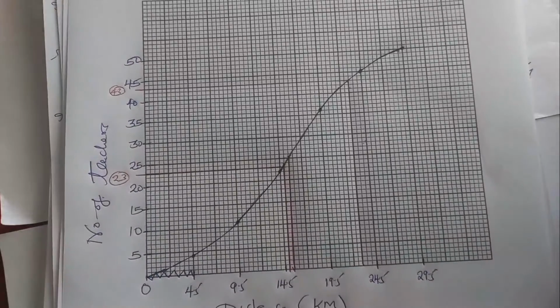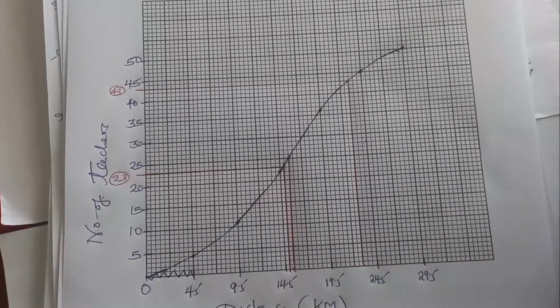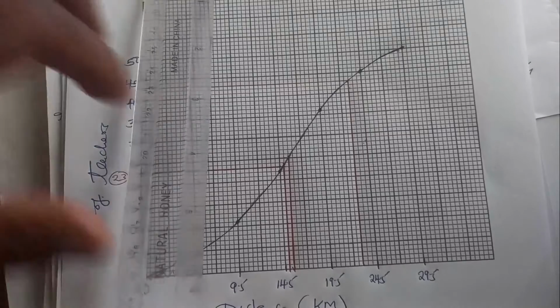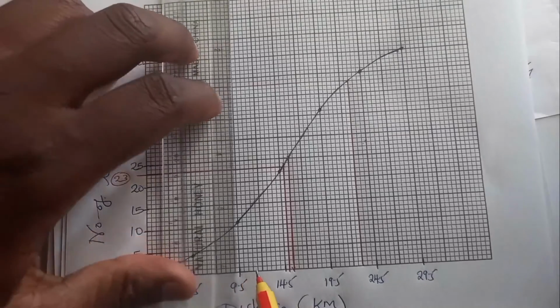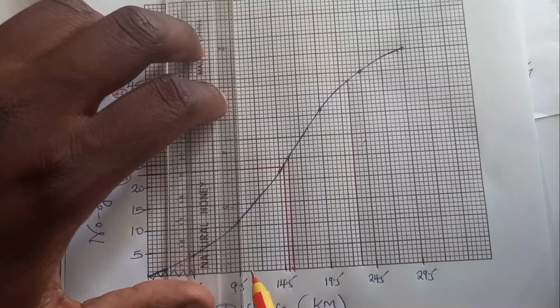We go to the graph, and so 10 is here, so you just go to where you have 10.